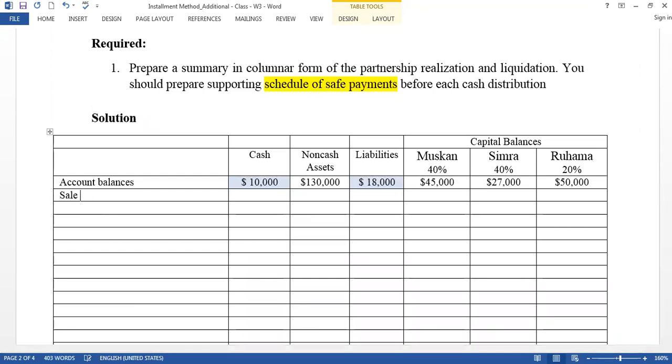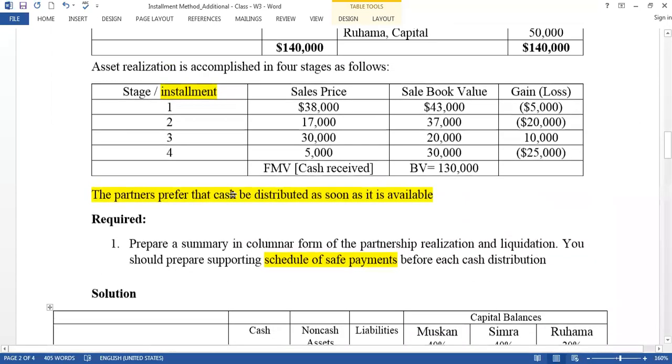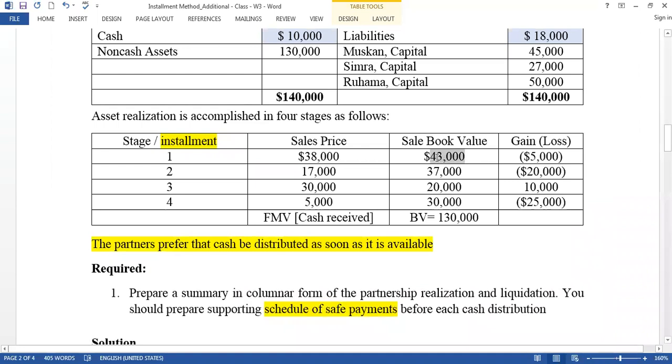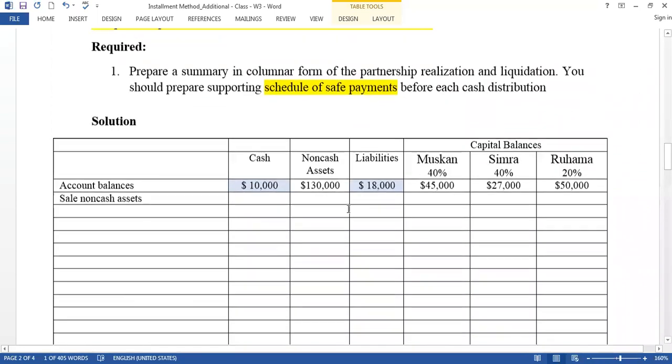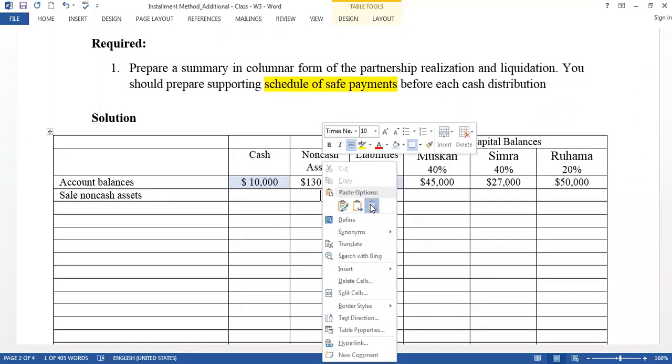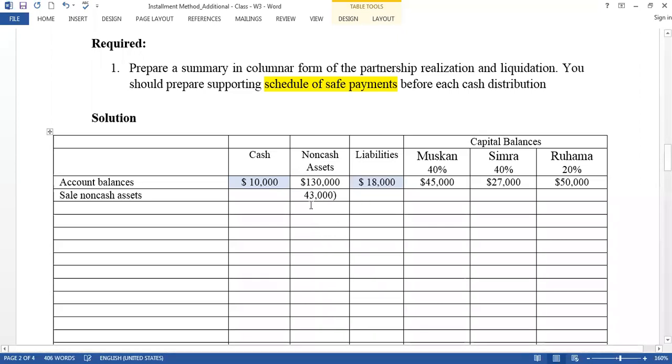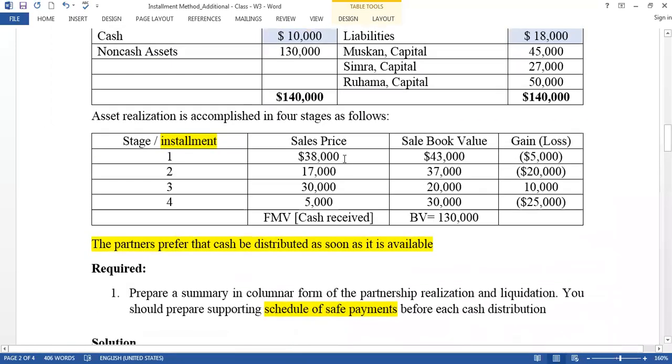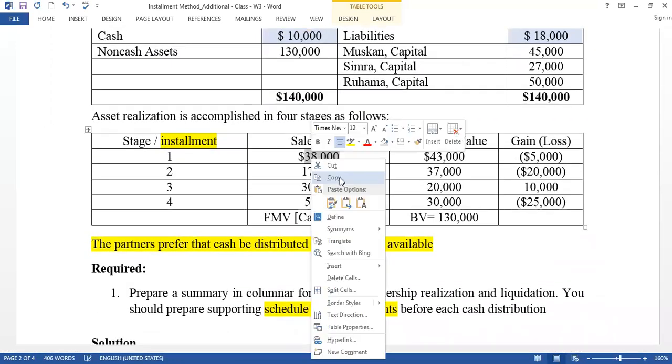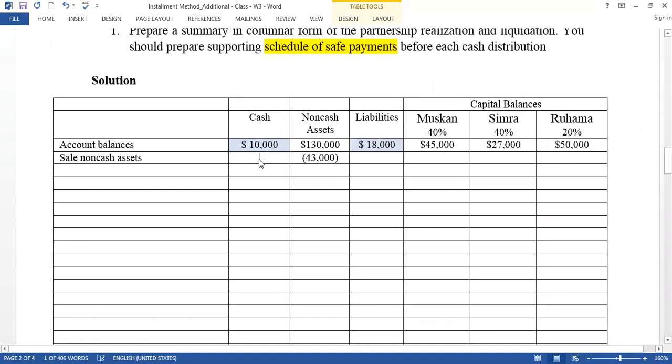Sell non-cash assets. So how much non-cash asset do we sell in this question? We sell $42,000 of non-cash asset. This is the asset we are going to sell. And from the market, we are going to receive $38,000. We receive $38,000 from the market and we sell our asset.